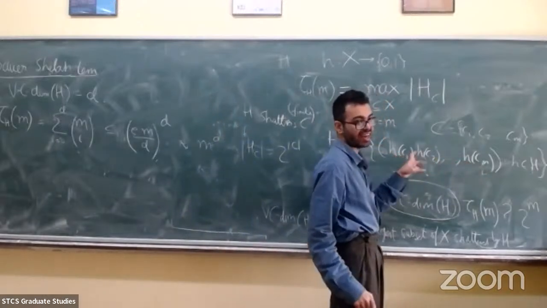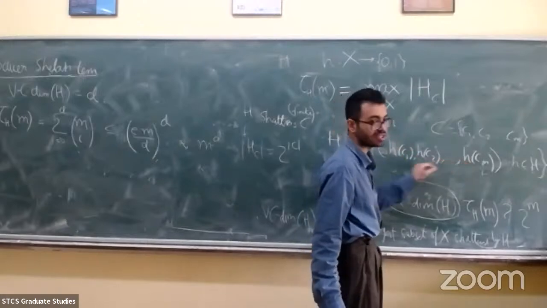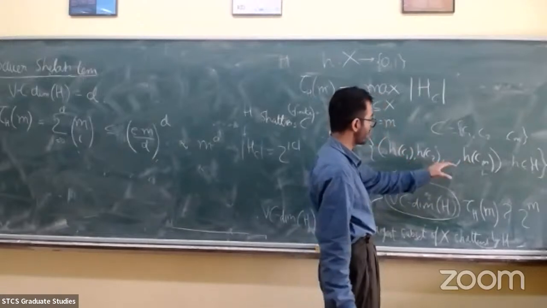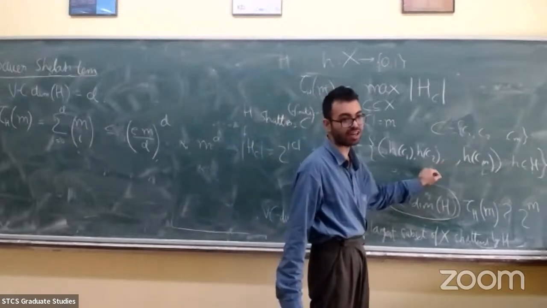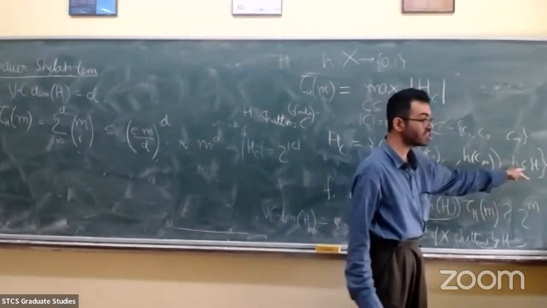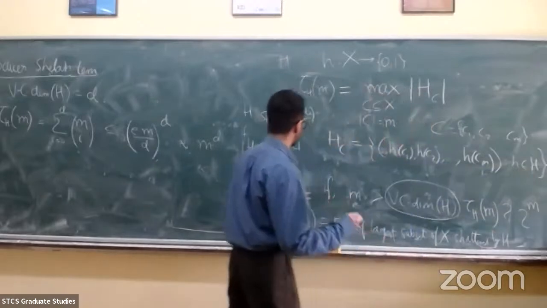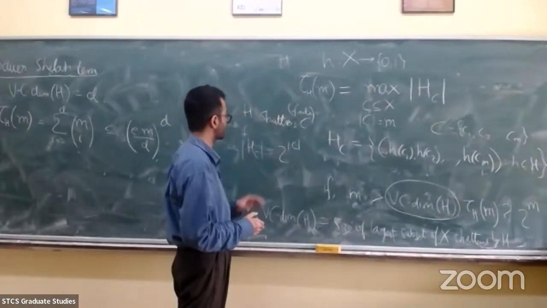Remember, every label here can take 2 choices, so there are 2 to the C choices. So if every possible labeling vector here can be produced by H, then H shatters that.